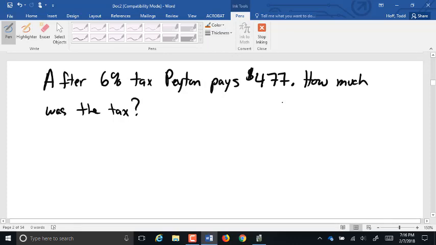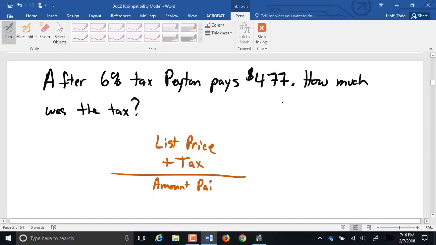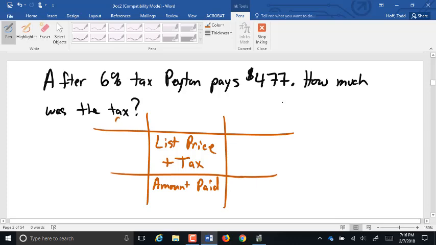So if we look at this, we have that list price or the full price, however you want to look at it. But this time we're not subtracting a discount, we are adding a tax, which will give us the amount paid. So now we still have percents on one side, and it's dollars again on the other side. The 477, what's that?